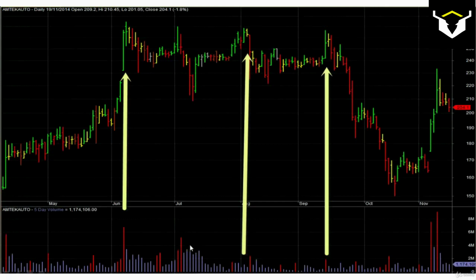If prices are rising higher, every time there is a downward move, volume must contract, which would tell us that people are still not ready to sell out of this stock.